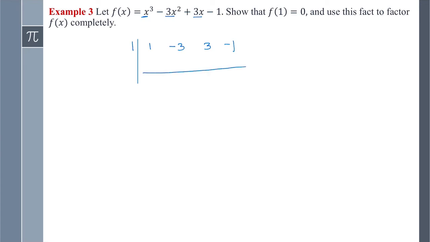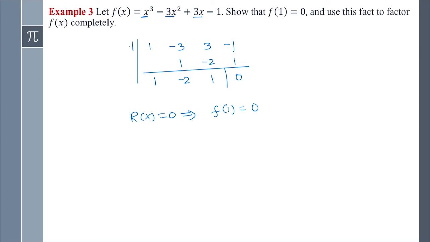Then we draw this horizontal line and drop 1 down. 1 times 1 is 1, -3 plus 1 is -2, -2 times 1 is -2, 3 plus -2 is 1, 1 times 1 is 1, and then 0. So that means the remainder is 0, which implies that f of 1 is 0.